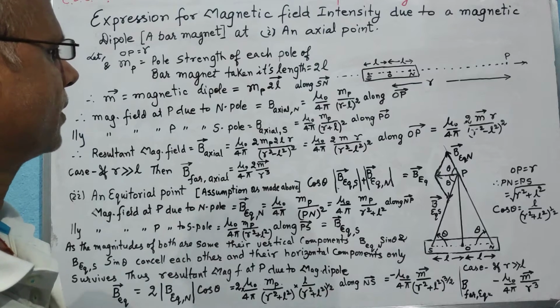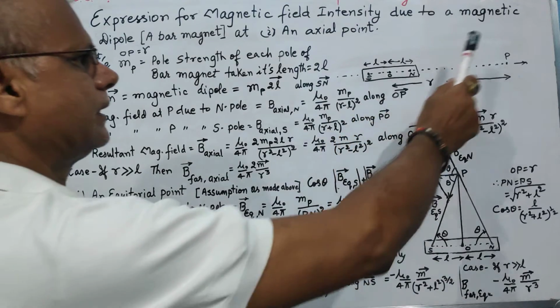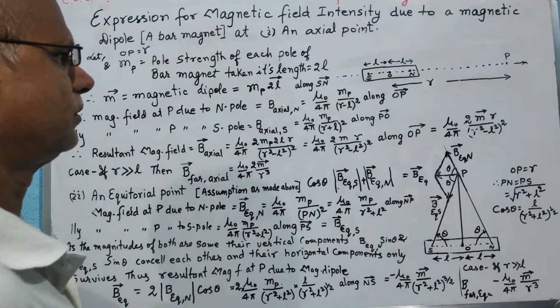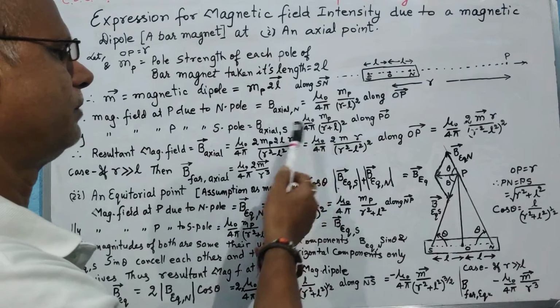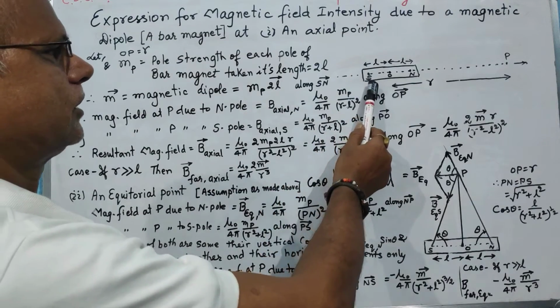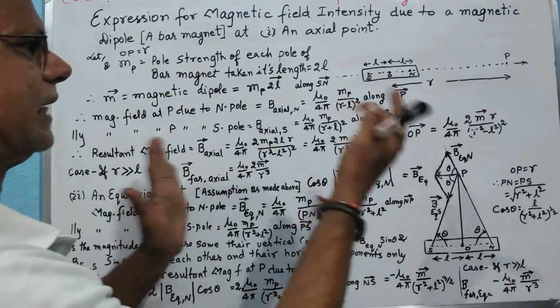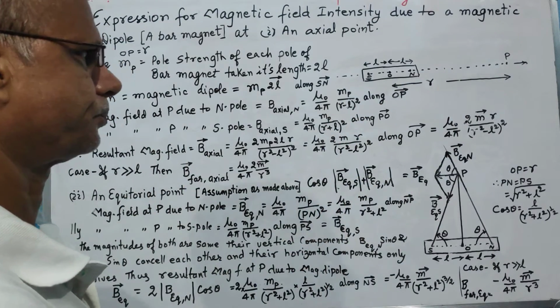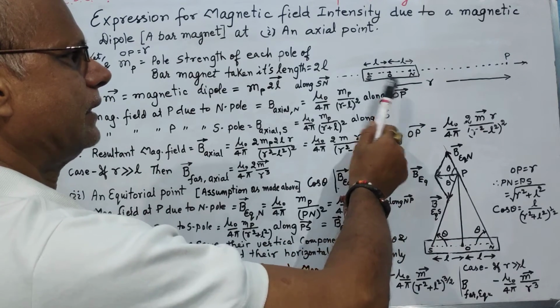Now similarly, in the same fashion, we can find the magnetic field intensity at P due to the south pole. In this case, the direction will be opposite, and the magnitude will also be different, because the distance of south pole from point P will be slightly greater than the value of r. How much? By L factor.